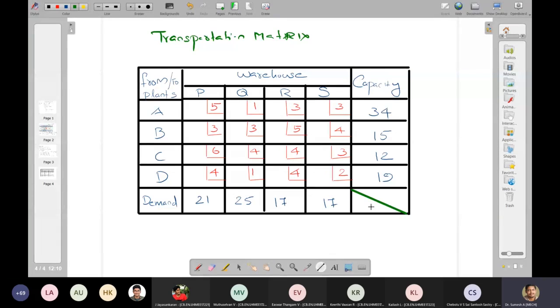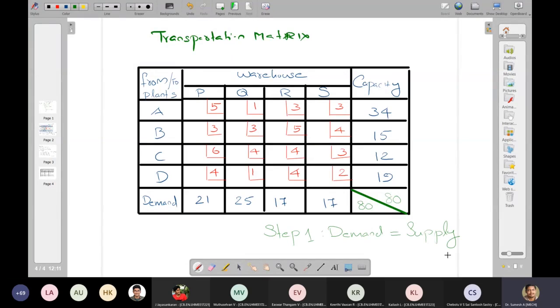Can someone tell me what the value is? 80. Both are 80? Yes, sir. So you can see both are 80. So step 1, irrespective of any model, you have to ensure demand equals supply.